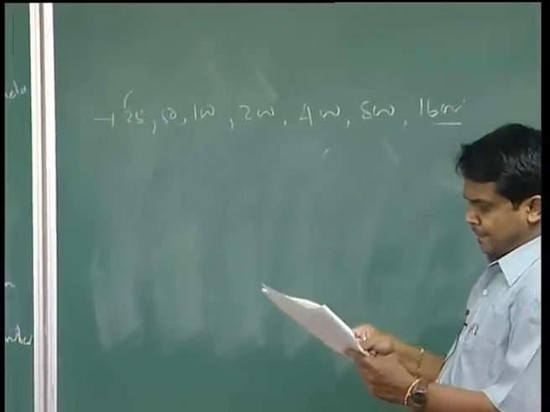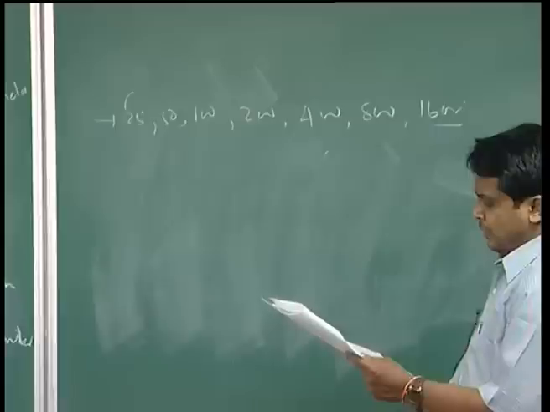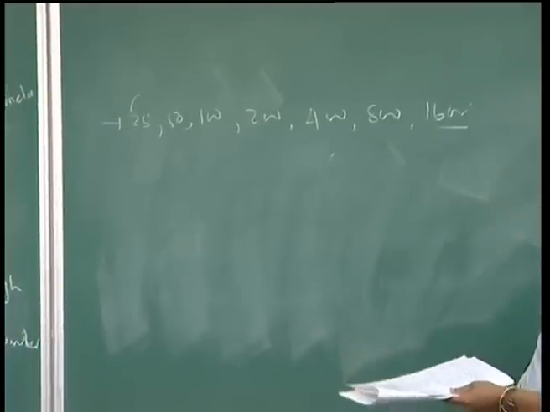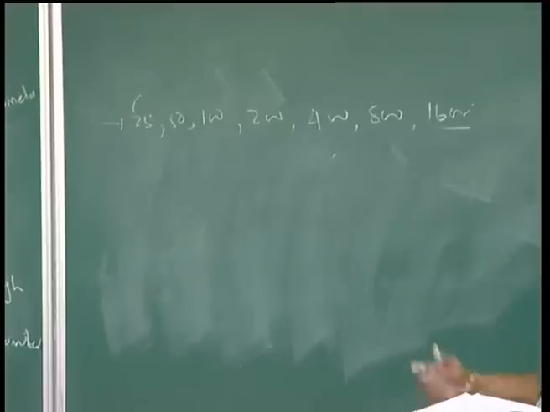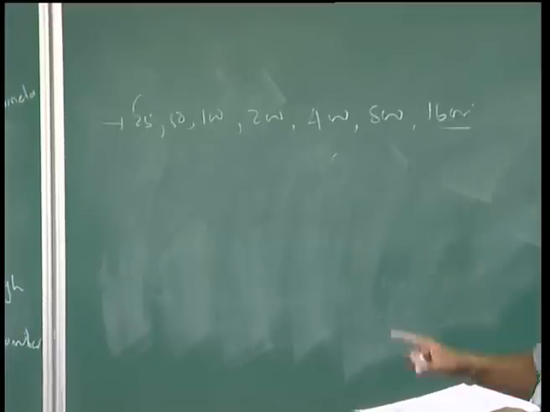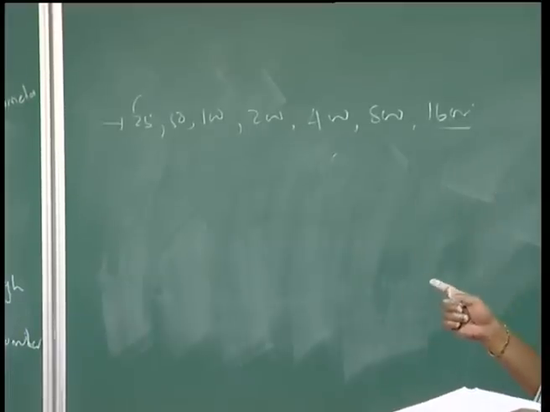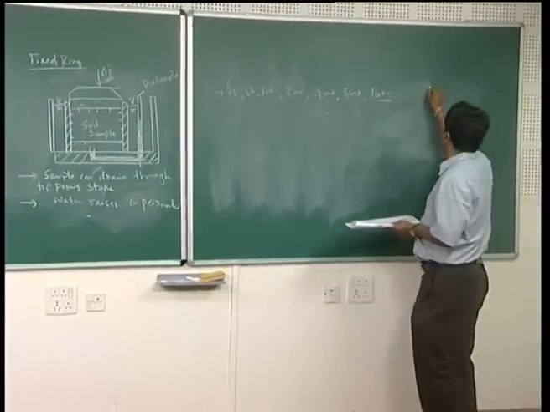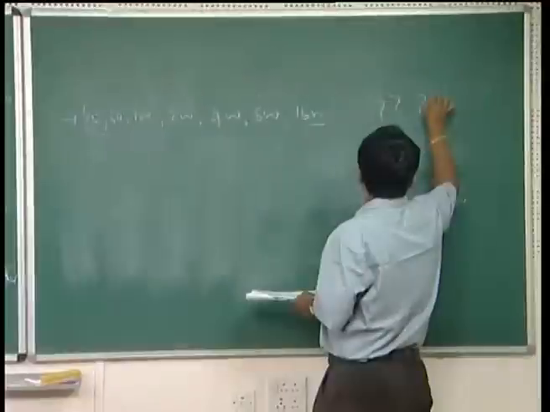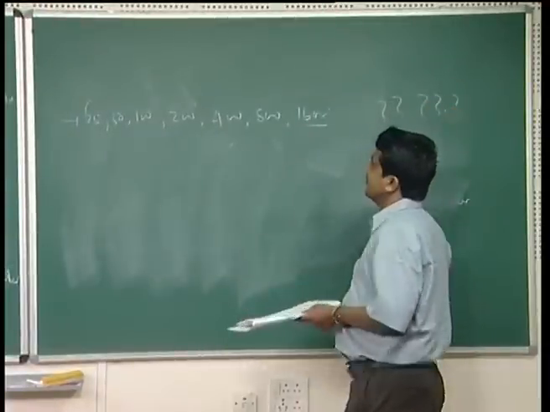Now the question comes, particularly in this course or in geotechnical engineering: why is the load applied to the soil sample always doubled? Initially it is 25, next 50, next 100, next 200. Read some books and tell me.